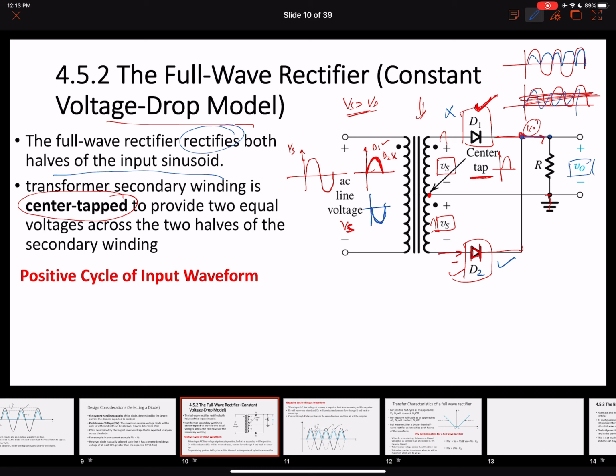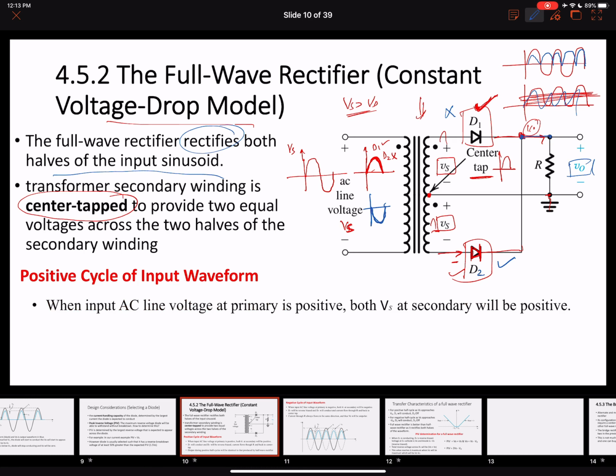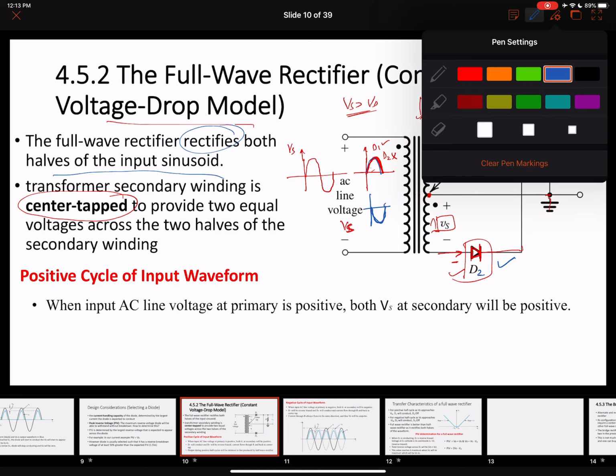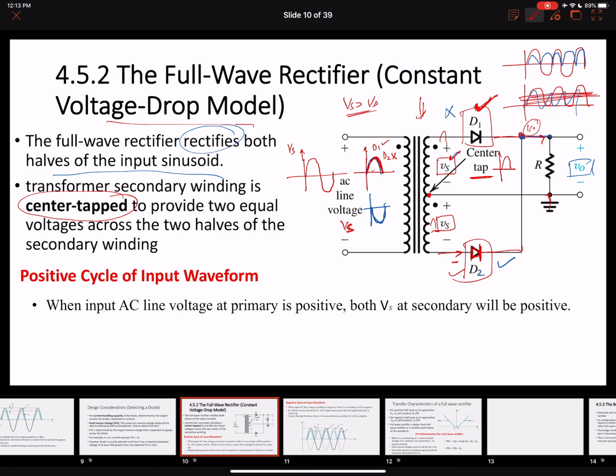So let's look at the positive cycle of the input waveform again, and the negative cycle. When our AC input line is positive, VS at the secondary will be positive. So for example, in this positive cycle, this is positive, this is positive, this is also positive. But this positive makes D1 forward bias.